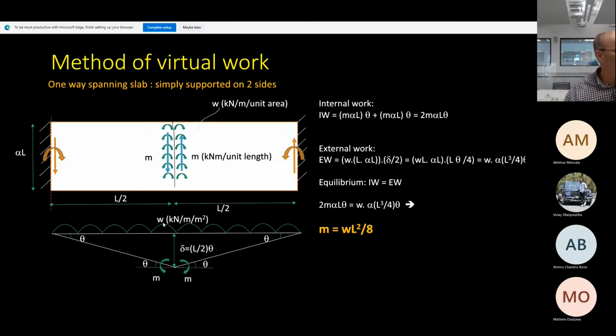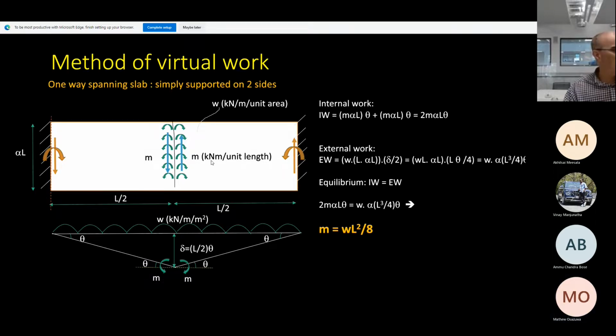Remember that the UDL, what are the units of the UDL on the slab? Do you agree it's kilonewton per meter square? Because it's over the entire slab. So the units for the uniformly distributed load is kilonewton per meter square, because it's over an area of the slab. What are the units of moment?